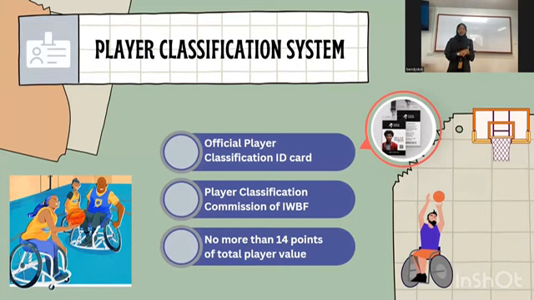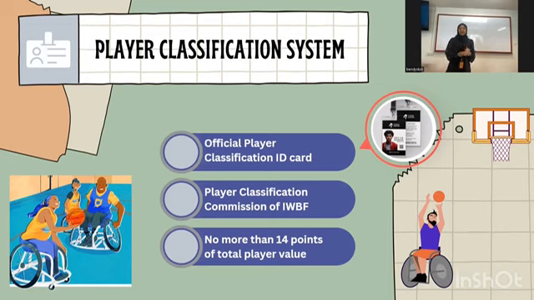The card may be issued at the tournament by the player classification panel appointed by the IWBF, based on the observations of the classifier in accordance with the principles contained in the official player classification handbook. This card contains, among other things, the point value the player has been assigned.